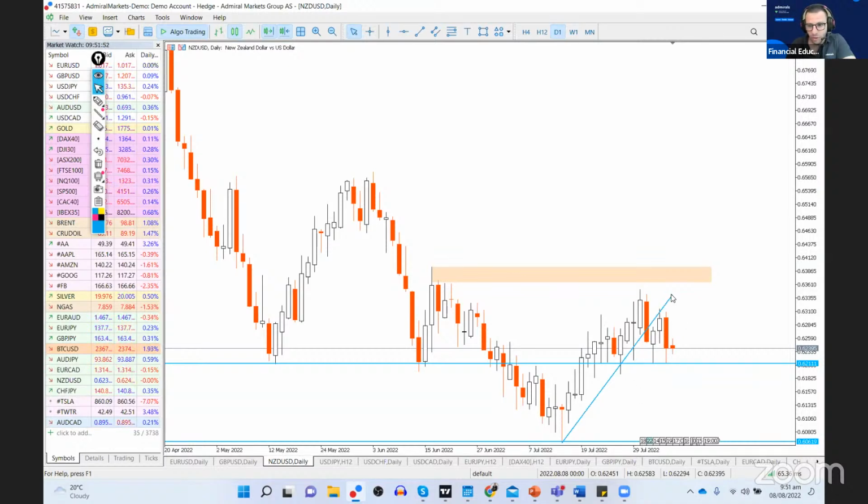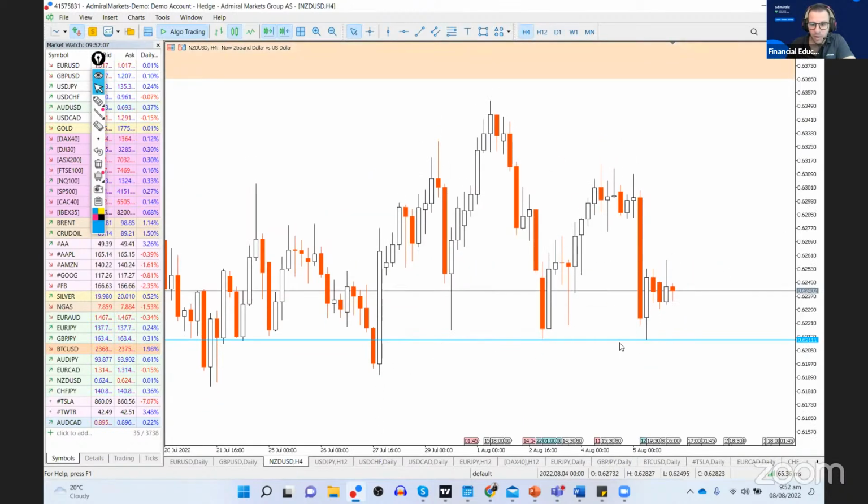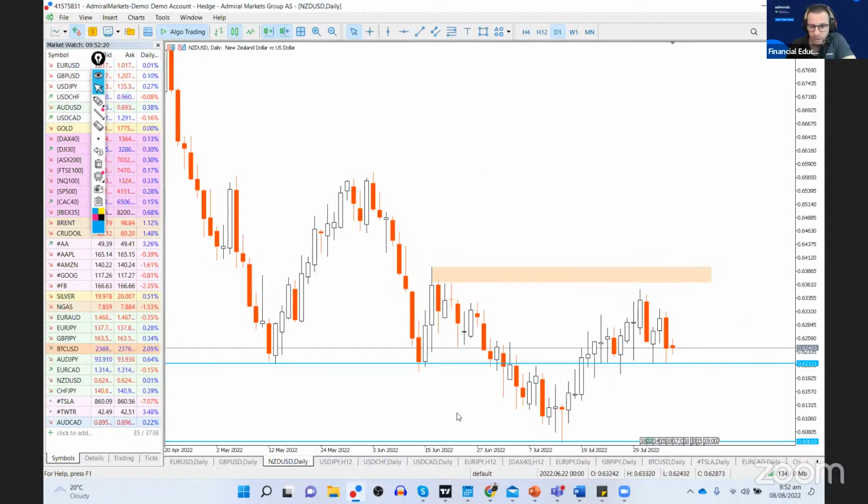Now, this trend line also has been broken with more than two closes below, so it's not a valid uptrend line. We delete it and we can start looking for some short plays. However, we have this support here to be mindful of and not rush to sell on the support. We can wait for a close below, or if you find an opportunity where it gives you a good reward to risk, then you can take some trades if you want.